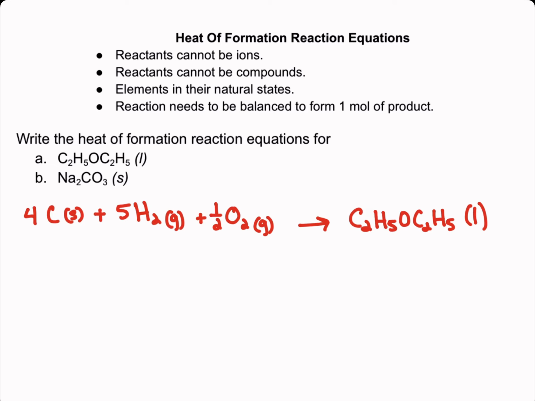Let's take a look at another example. I want to write the heat of formation reaction equation for Na2CO3 solid. I'm going to remind myself that I'm talking about 1 mole of Na2CO3 solid. I see that I have 2 sodiums, so I'm going to write that down.